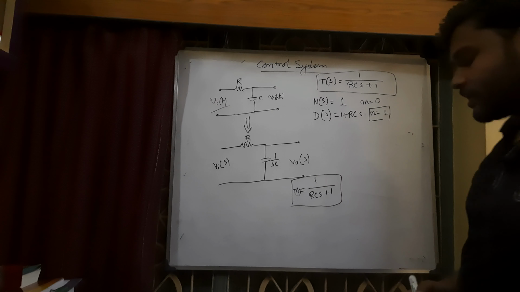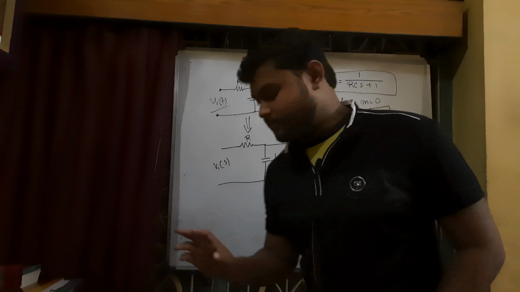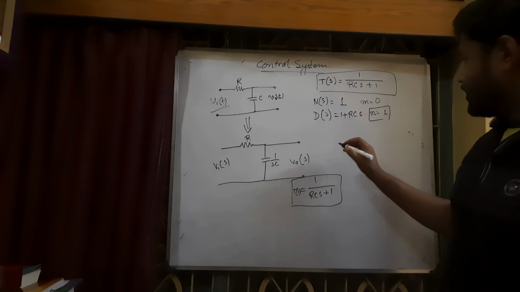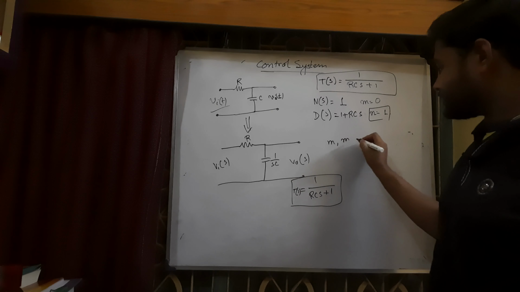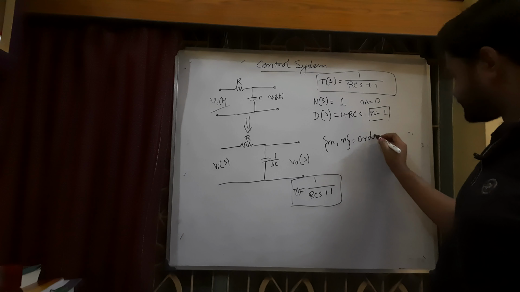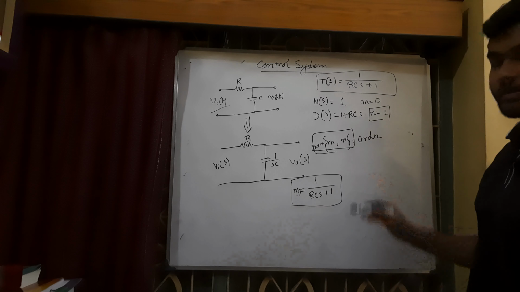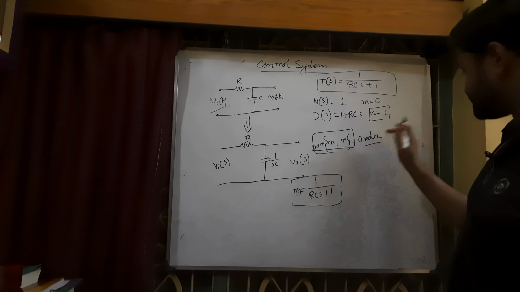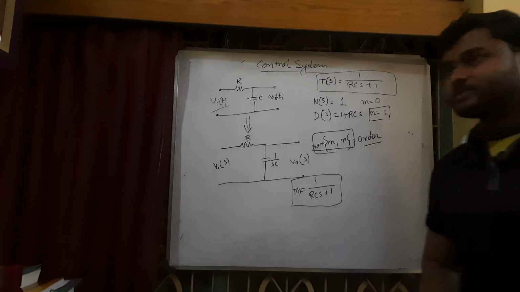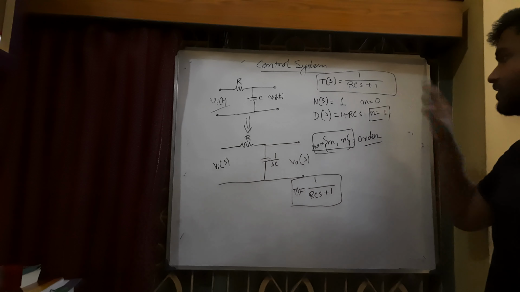So what is the order of the system? The order of the system is either m or n, whichever is greater. The maximum between m and n is called the order of the system. So the order of the system is the highest power of s either in the numerator or in the denominator.